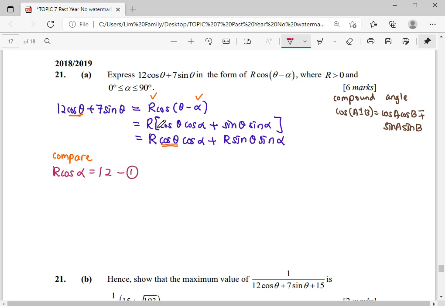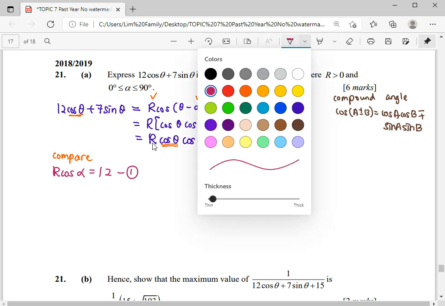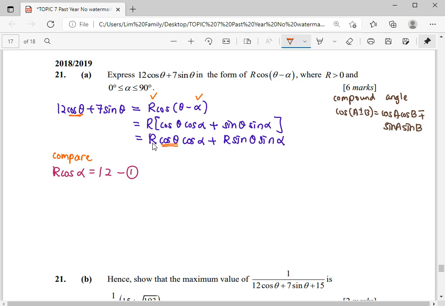That will be our first piece of information. When we compare cos theta, we can see the value of 12 is equal to R cos alpha, these two constants that we haven't found. Okay, and then we compare again. Plus, so we compare the term at the back, sin theta with sin theta.